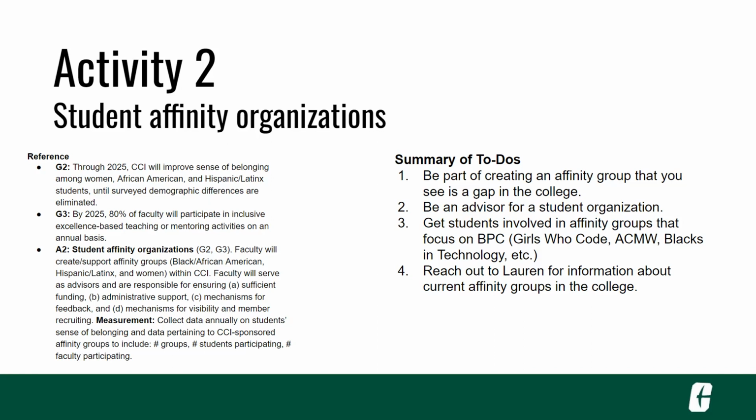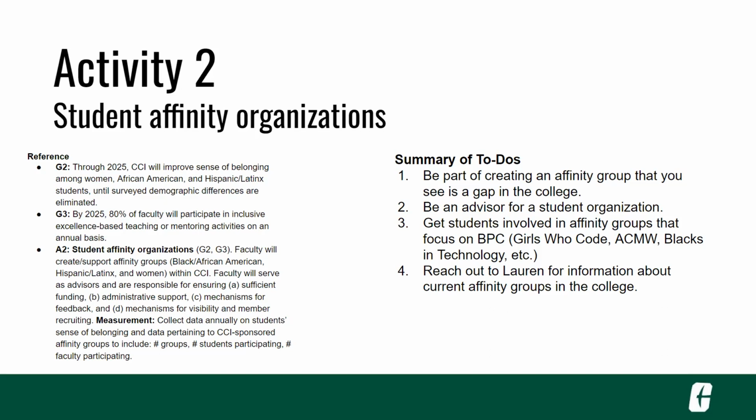So the second activity is student affinity organizations. We really thought about activities that are already happening in the college, and ways that could be a little bit more broad, so that more faculty involvement can happen if people are interested. When you look through the actual plan, you'll notice there's a contact name.